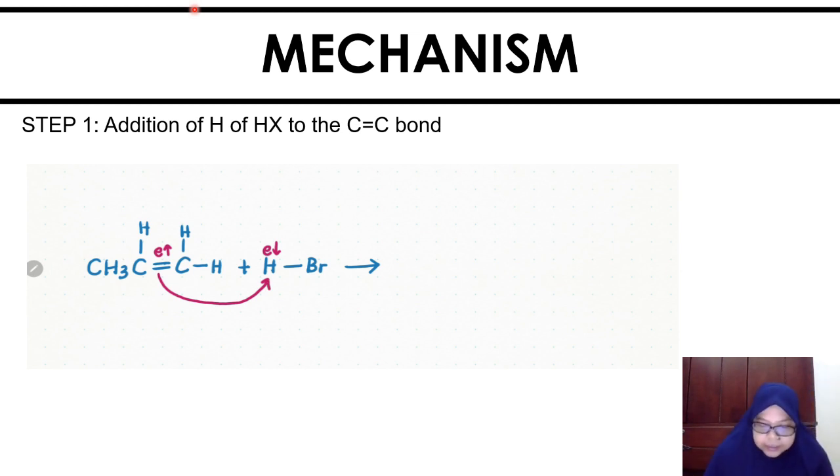And then since we want to extract hydrogen from the HBr, means that the bond between H and Br must be broken. So the H and Br bond is broken heterolytically, and the electrons of the bond move towards the bromine.